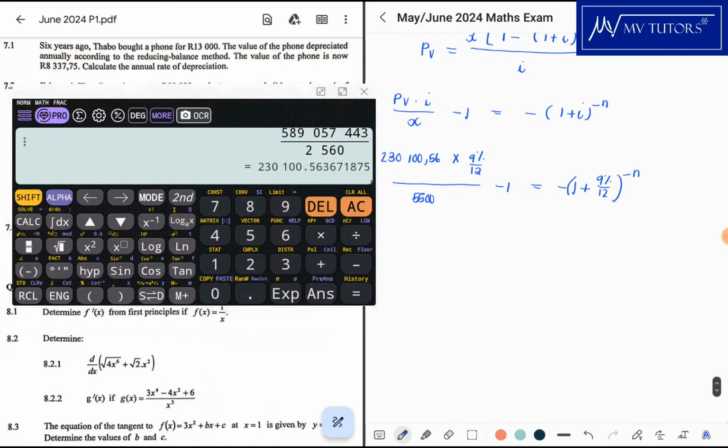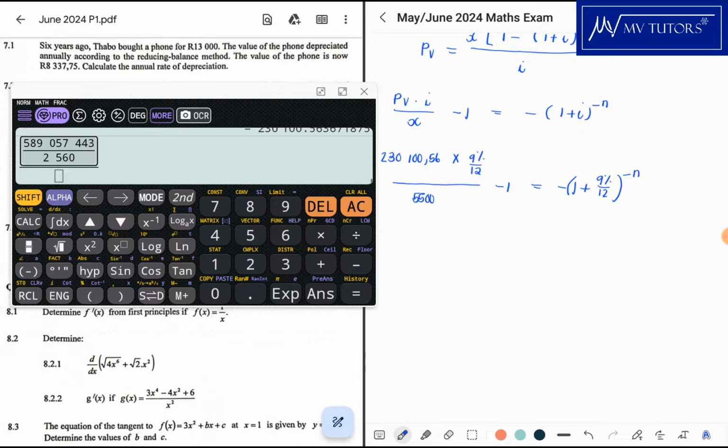So let us employ the calculator. I'll use the answer before so that I don't water down the answer. So I have that multiplied by 9% over 12, divided by 5,500, and then I'm going to subtract 1.